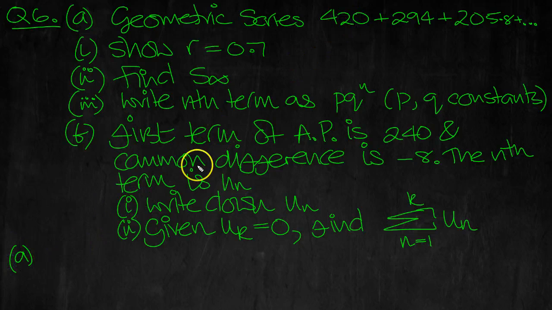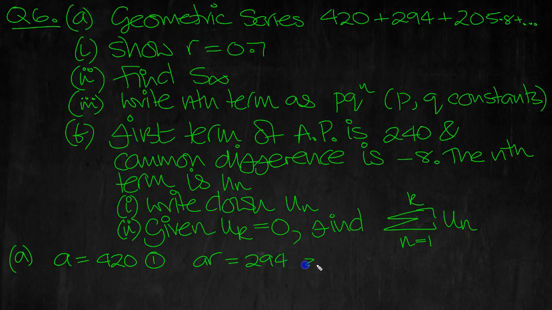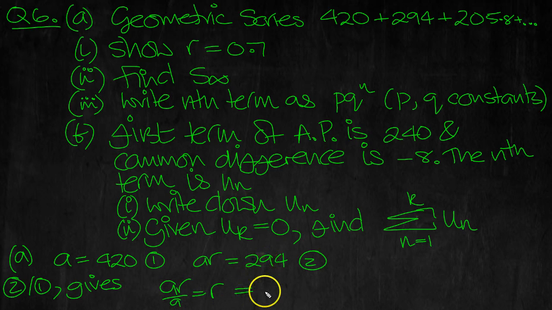So the first term a is 420. That's number one. Also, the second term ar is equal to 294. So let's divide one by the other, 2 divided by 1 then gives ar over a, which is just r of course, and that's equal to the 294 over the 420.